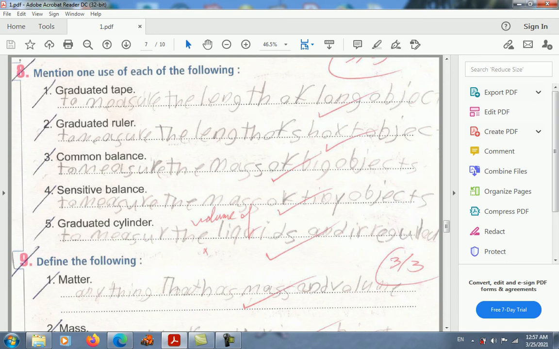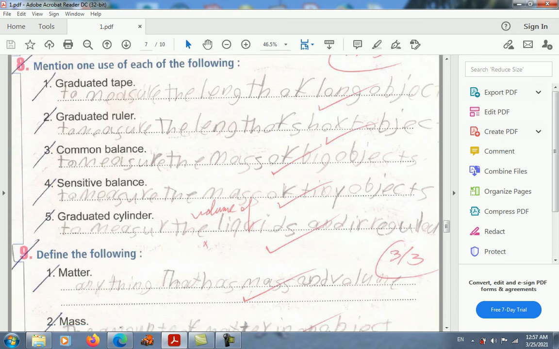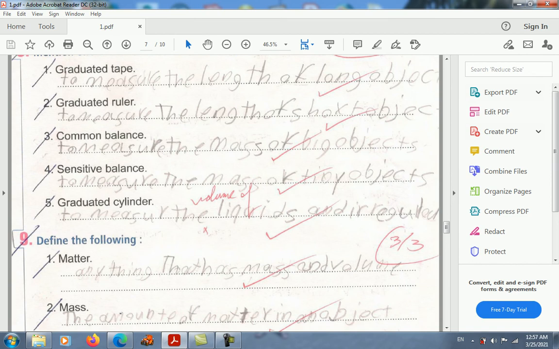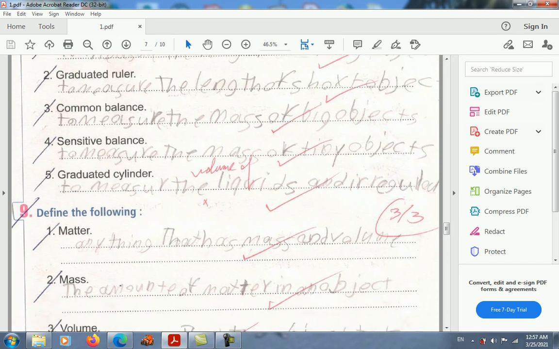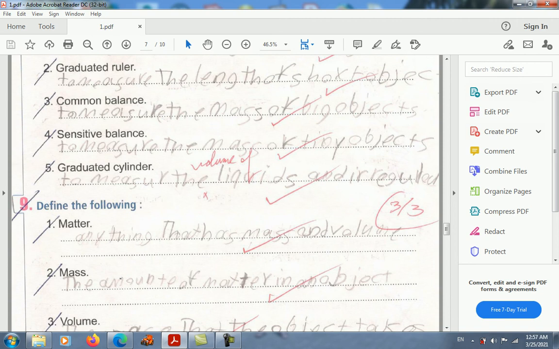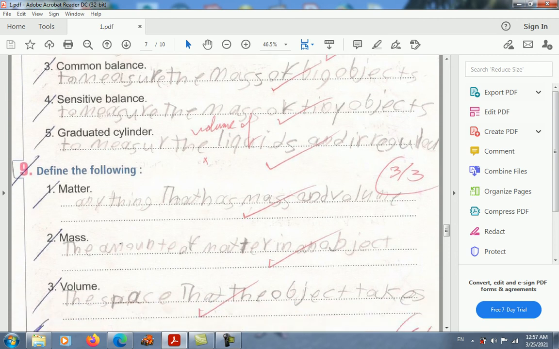8. Mention one use of each of the following. 1. Graduated tape. Well, we can use it to measure the length of long objects. 2. Graduated ruler. It's used to measure the length of short objects. 3.